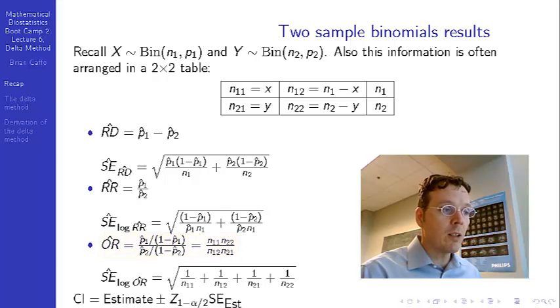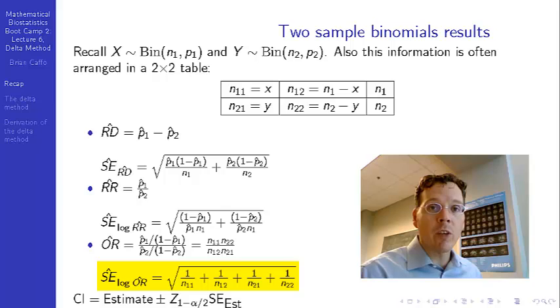And if you were to plug in the cells of the 2 by 2 table into that estimate, you would see that it's the cross product ratio, the main diagonal n11 times n22 divided by the off diagonal n12 and n21. We also gave you the estimated standard error for the log odds ratio estimate, and that is the square root of 1 over n11 plus 1 over n12 plus 1 over n21 plus 1 over n22.